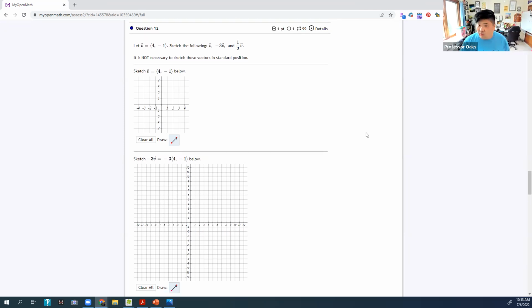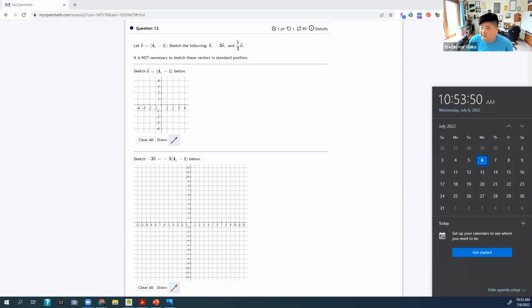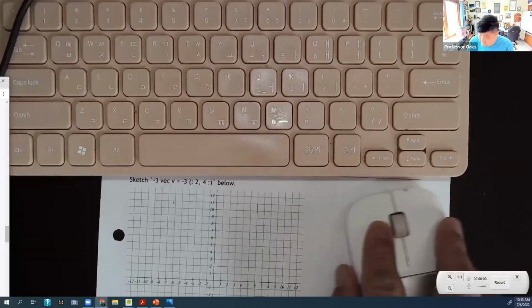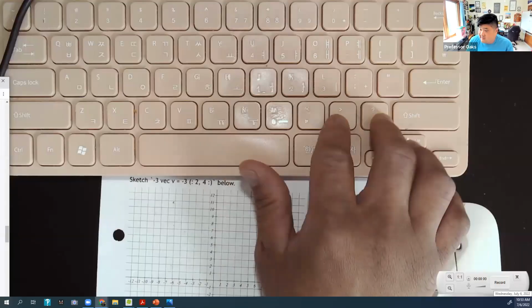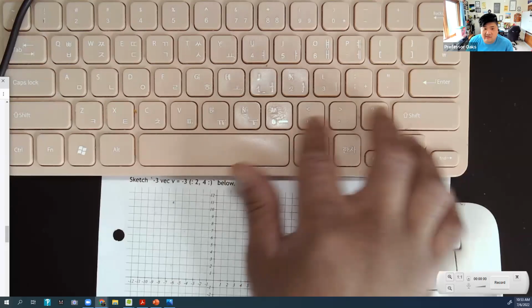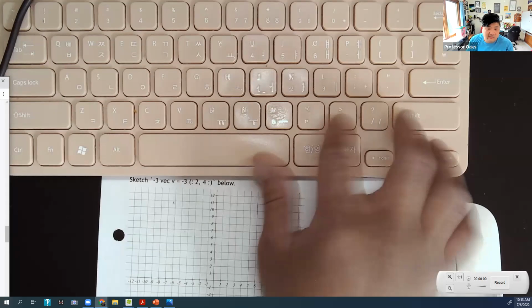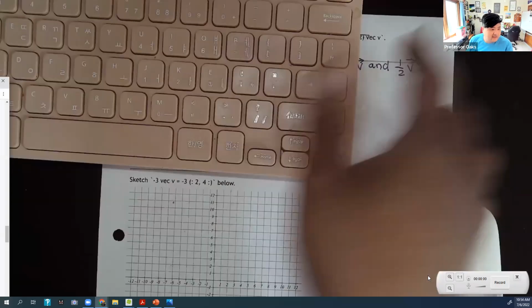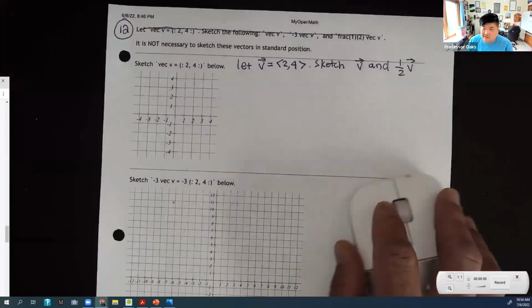So if you actually have the 4 and the -1, all right, the vector notation is those angle brackets, and they give you a little bit of a hint that you need to use these two angle bracket keys, the less than and the greater than signs, essentially, and that will give you the vector notation to enter for some of the later problems.